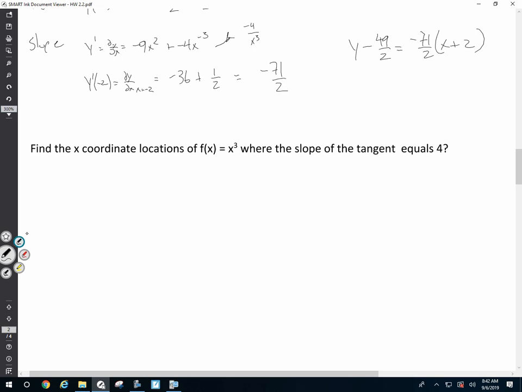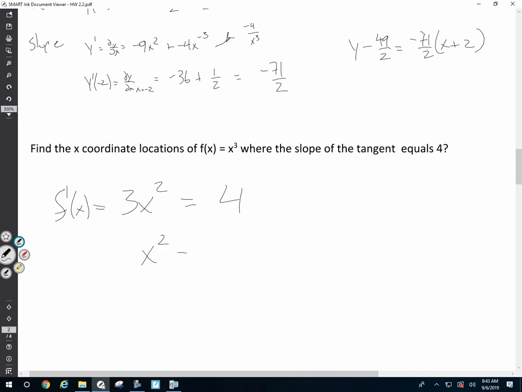All right. Find the locations where the tangent slope equals 4. Well, here's my tangent slope generator. When does this equal 4? This is when we're going to use our friendly equation. When does the tangent slope generator generate a tangent slope of 4?